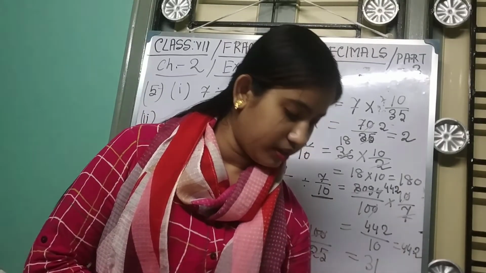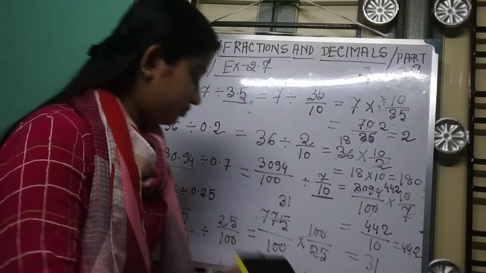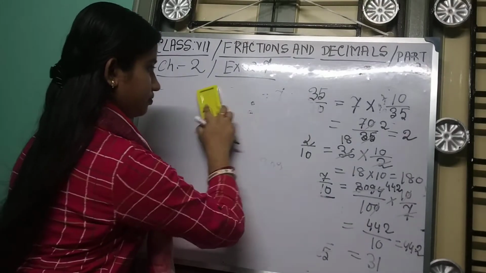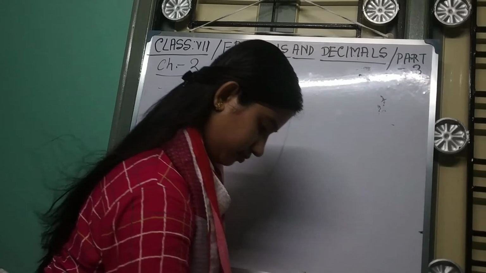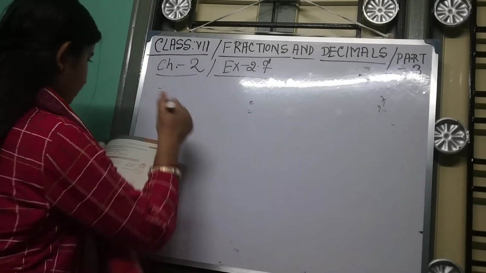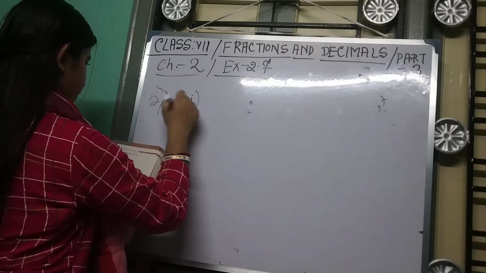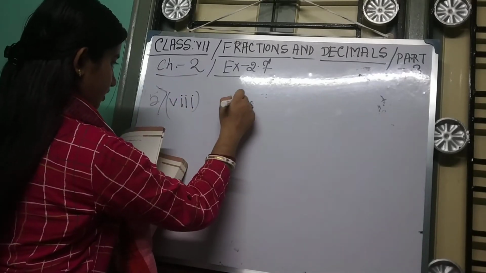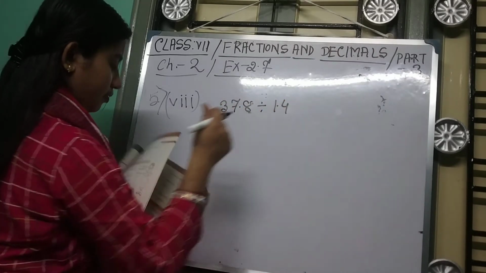Now next we try number 8. Here given 37.8 divided by 1.4.